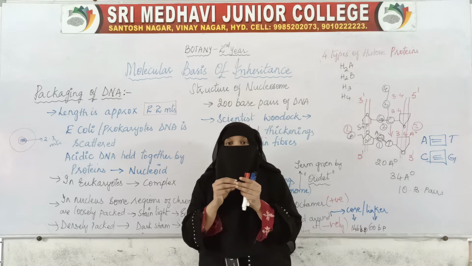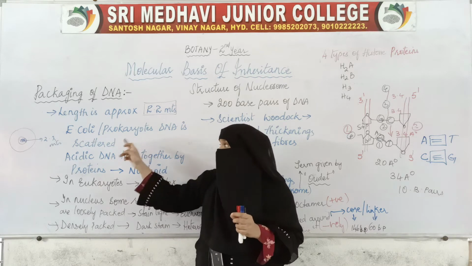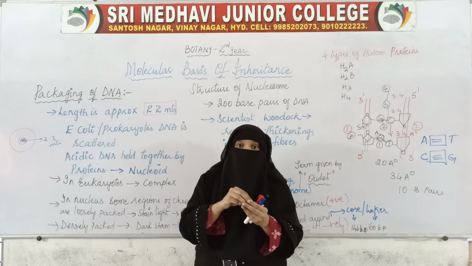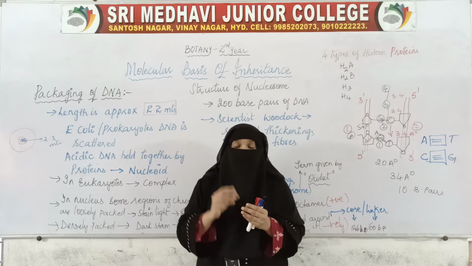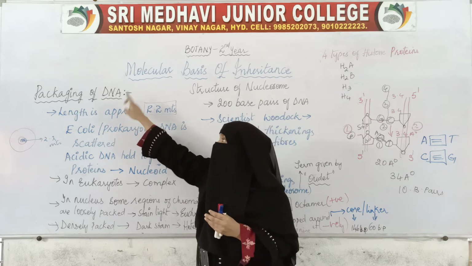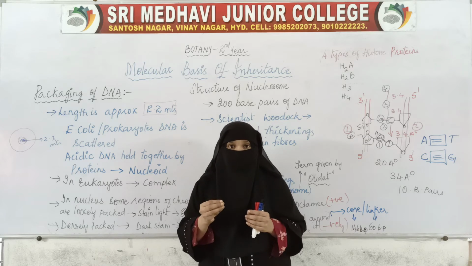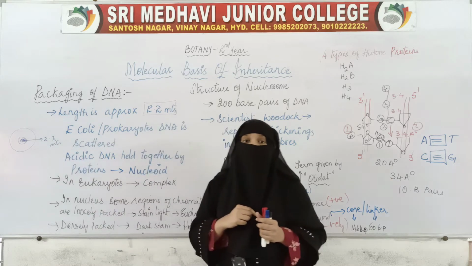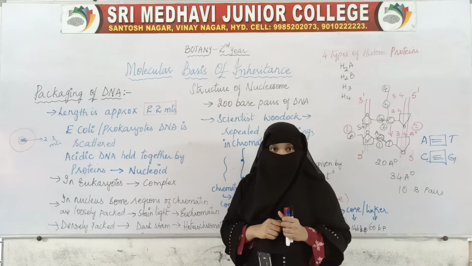This 2.2 meters of DNA has to be accommodated inside that very minute nucleus. Then how is it done? It is basically the packaging of DNA, how DNA is packed and wrapped inside the nucleus.